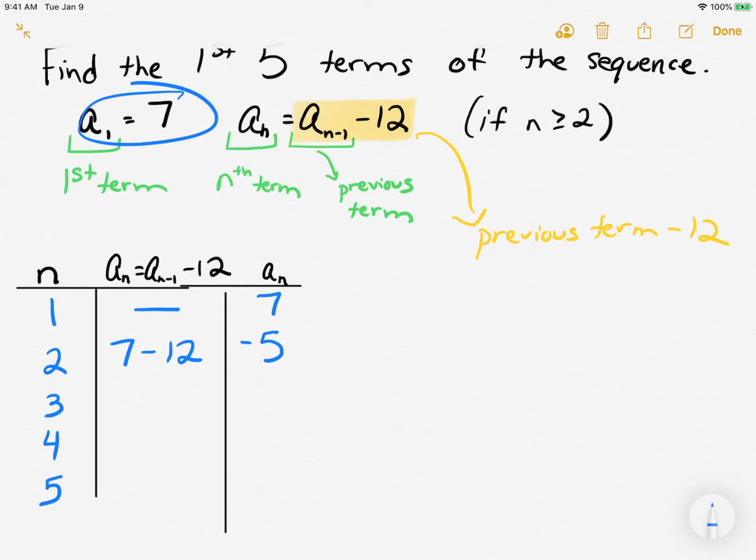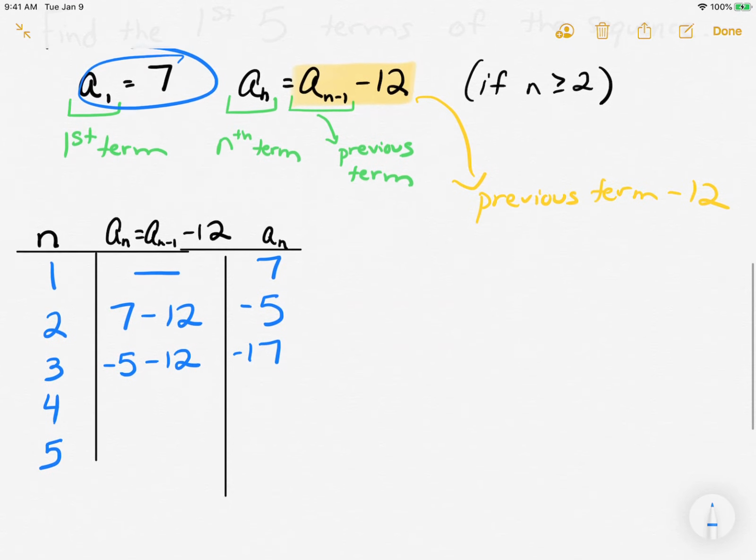Okay. Let's find the third term in the sequence. You take the previous term, which was negative 5, and subtract 12, which is negative 17. Very good. To find the fourth term, I take the previous term and subtract 12, which is going to be negative 29.